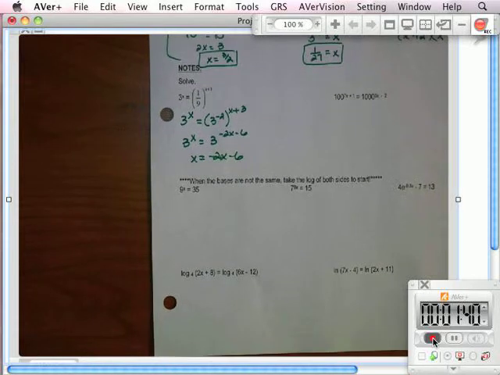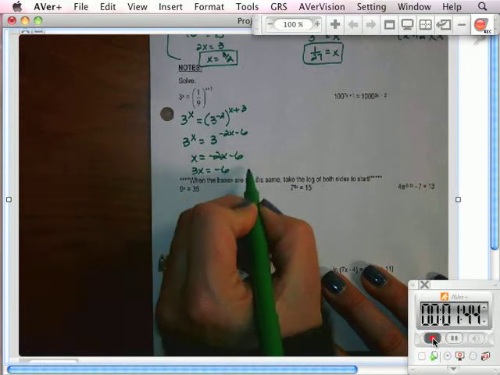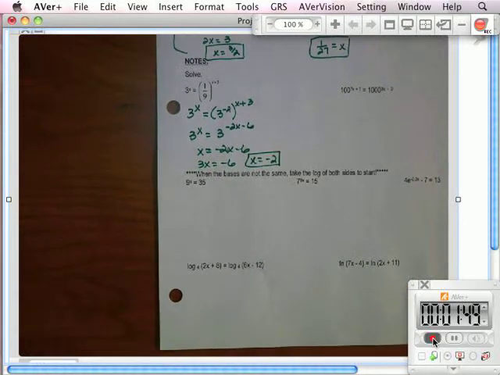Add 2x to both sides. 3x equals negative 6. X equals negative 2. You've done that a bit. Hopefully you're pretty comfortable with that so far. If not, practice. All right, let's do the next one.